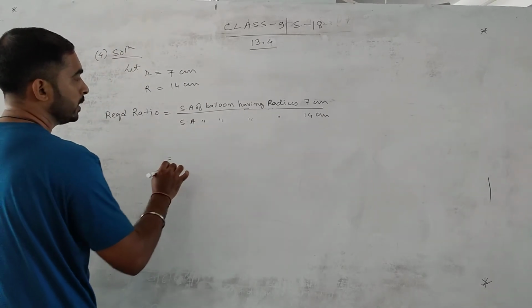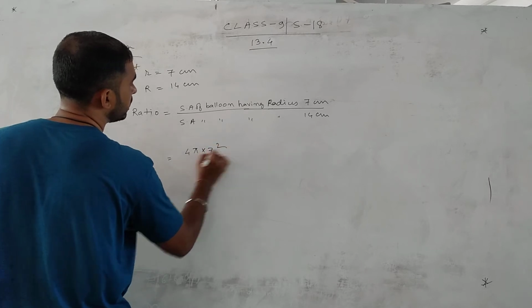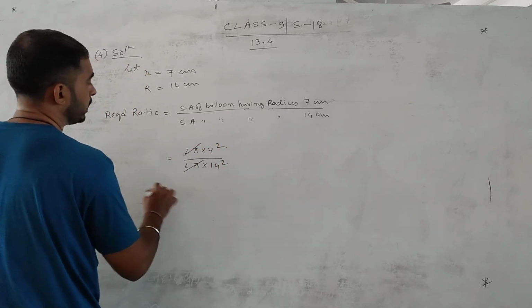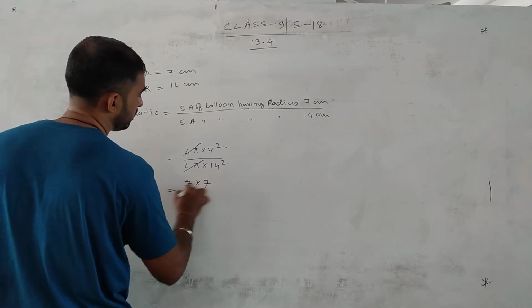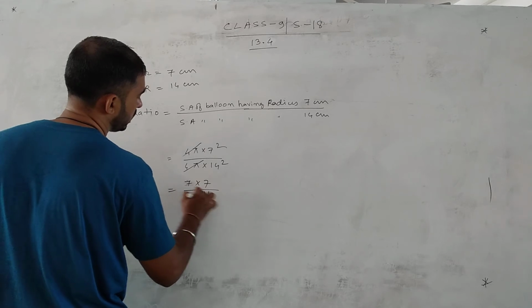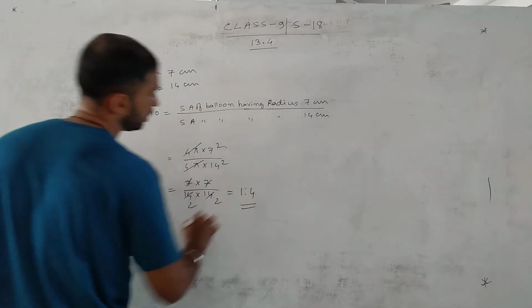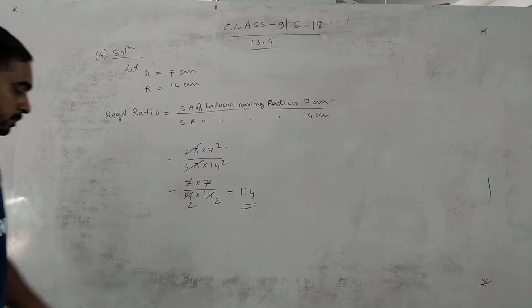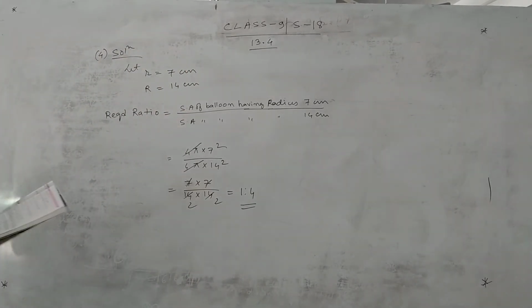So surface area of balloon 4 pi r square, 4 pi cancel, that is 7 into 7 by 14 into 14, which is equal to 1:4. So answer is 1:4. So this is the required ratio of two balloons.